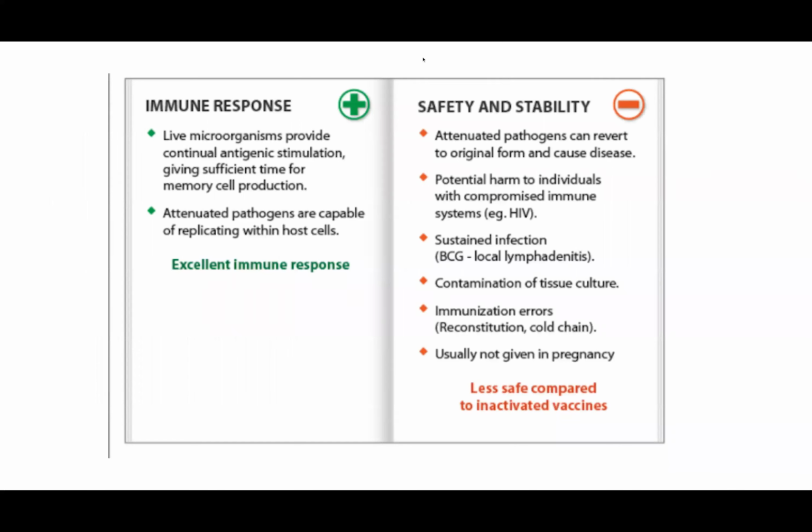And so here's a nice little fact sheet. Again, it gives you a really solid immune response. The viruses themselves are capable of replicating within the host cells, and they are living, but they're extremely weakened, which gives a really good long-term immune response. That being said, as I mentioned, they can revert back to the original form and cause disease, which could be potentially dangerous, but again, it is very rare overall.